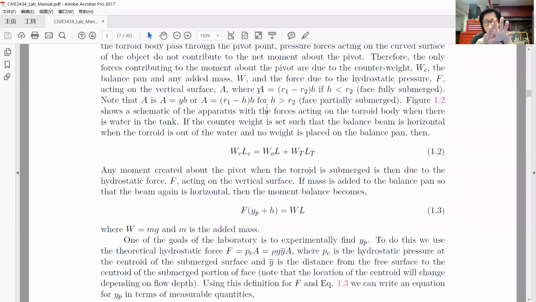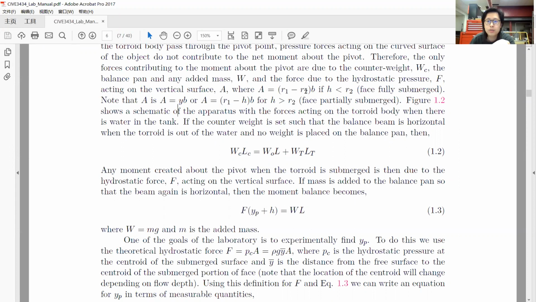But if it's partially submerged, we need to use this equation: A is equal to Y times B. If it's fully submerged, it's R1 minus R2 times B, where R1 is the outer radius of the toroid and R2 is the inner radius of the toroid.